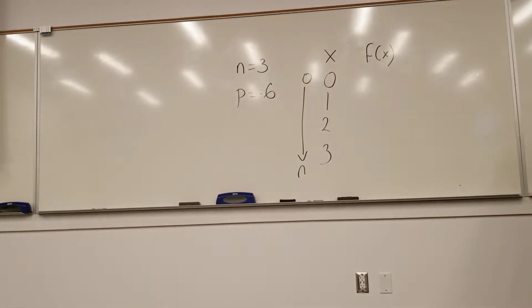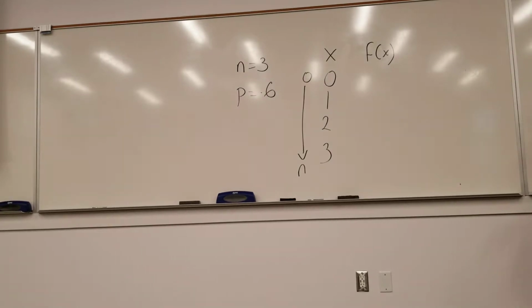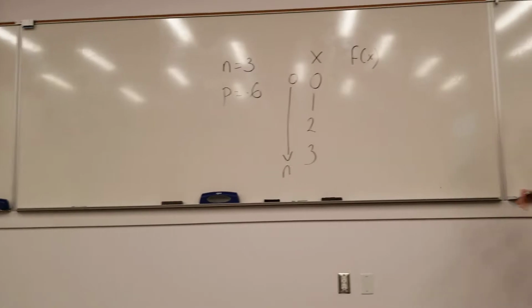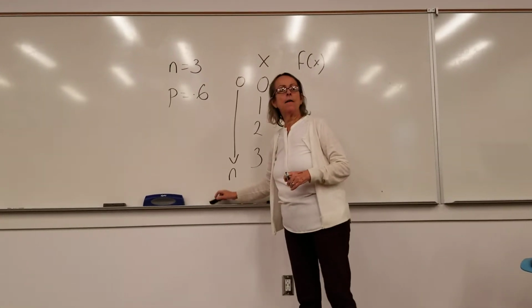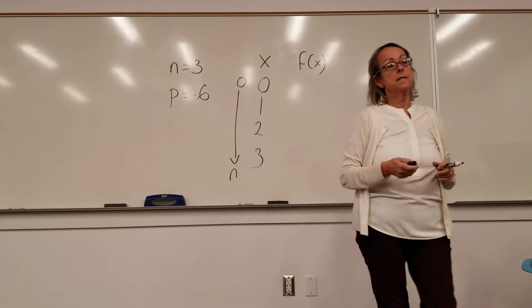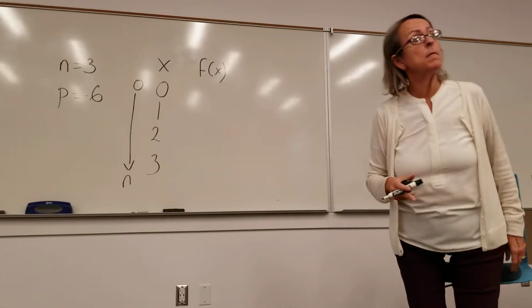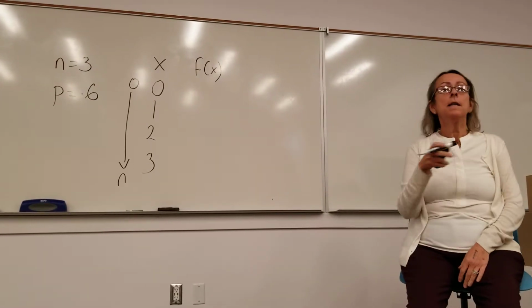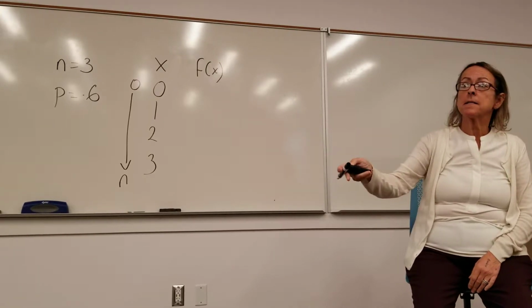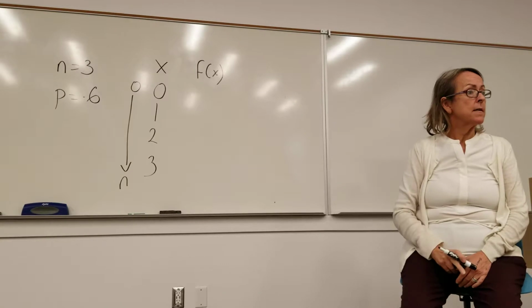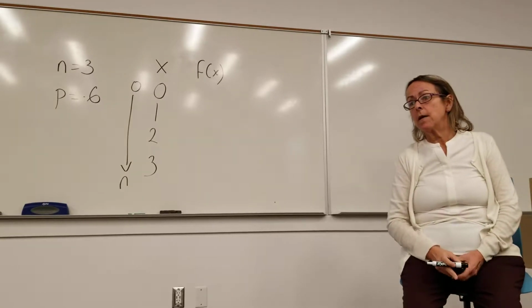If you have identified something as a binomial experiment, you can have much faster ways of calculating, for example, the mean. Remember what we did just now to get the mean? You had to do X times F of X and then sum the column L3.